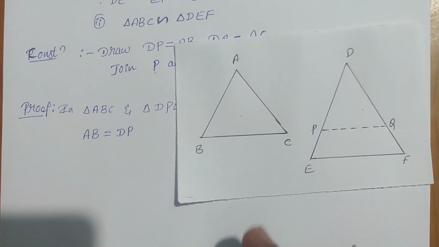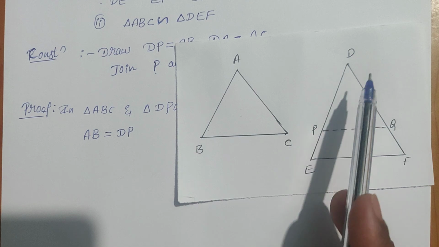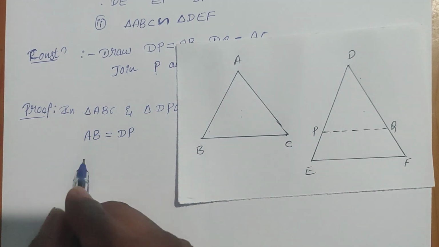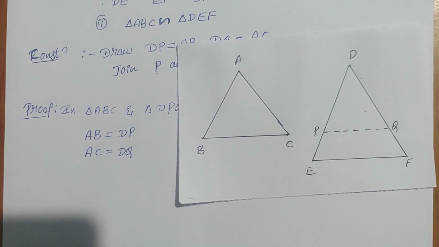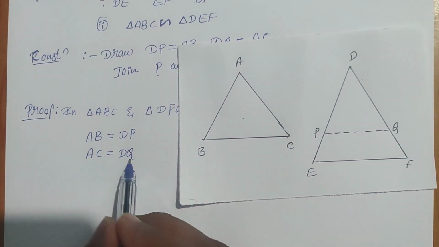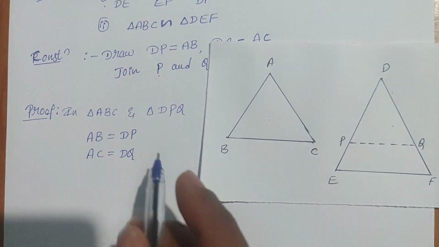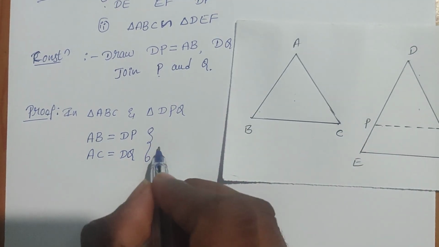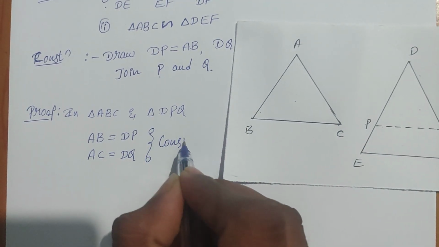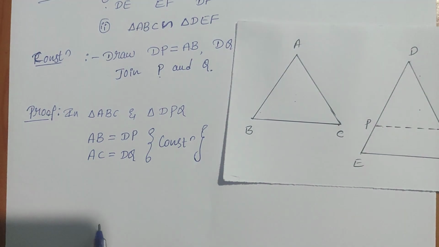In the same way, AC is equal to DQ. So these are two from the construction. You have to write here, from construction.